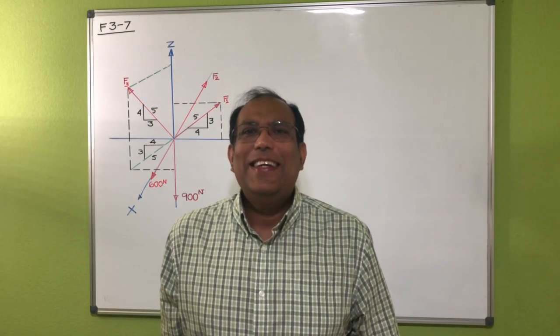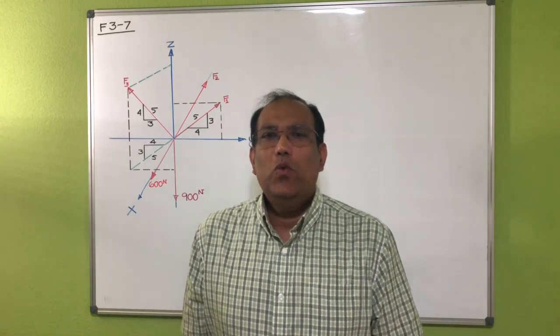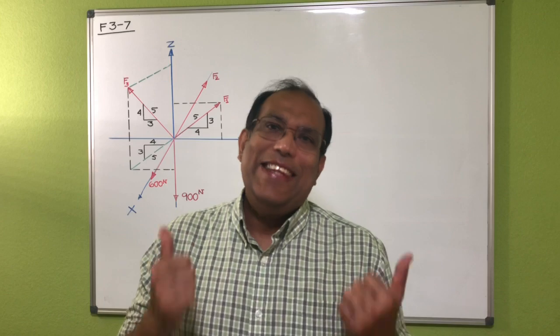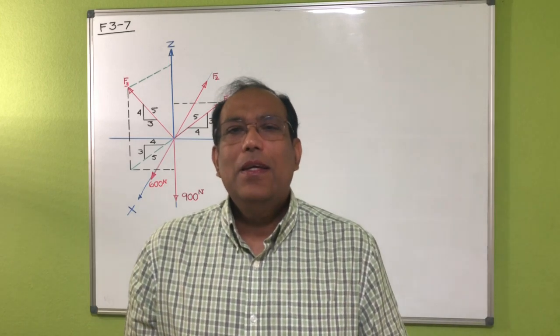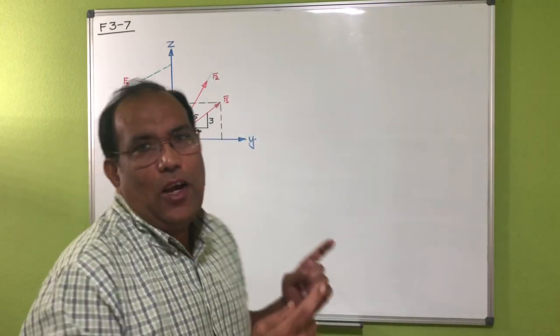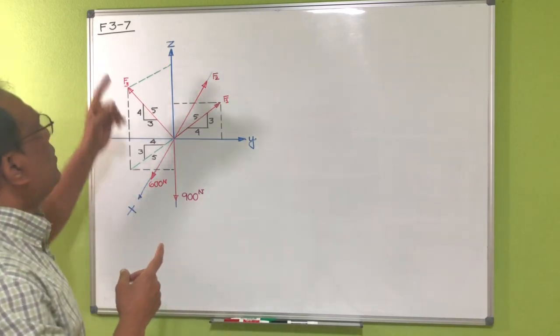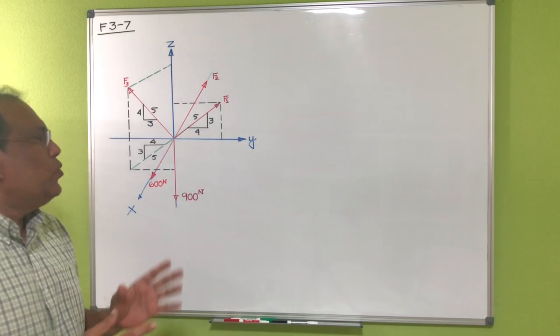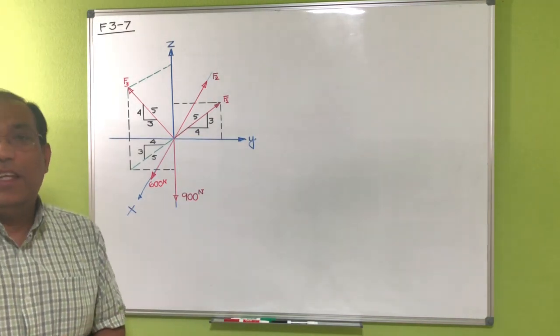Hello everybody. In this video I'm going to show you the equilibrium of a particle for 3D cases. You can see I already drew the picture for problem number F3-7 because this one is a very critical one.